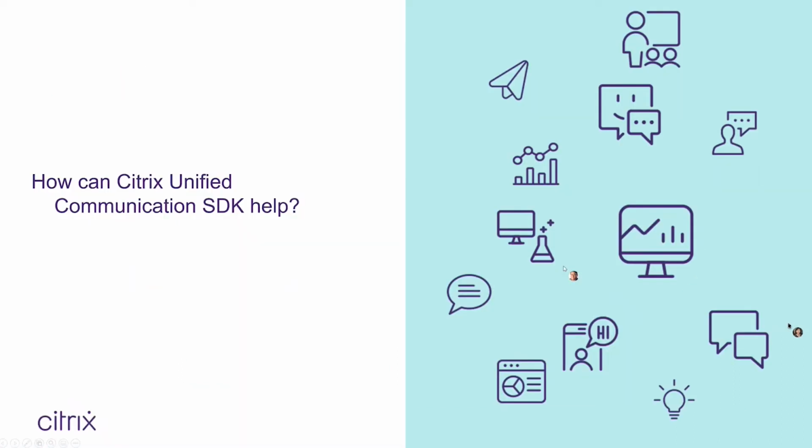So what we're going to do today is introduce you to the Unified Communication SDK, which is designed to help companies who have unified communication software that is based on the WebRTC standard. And we provide a very simple and easy process to get you onto the optimization track.